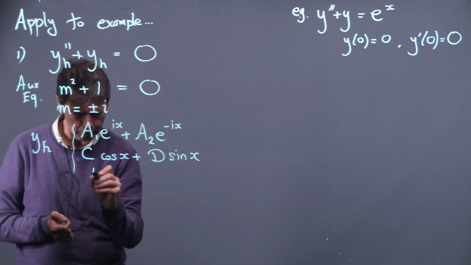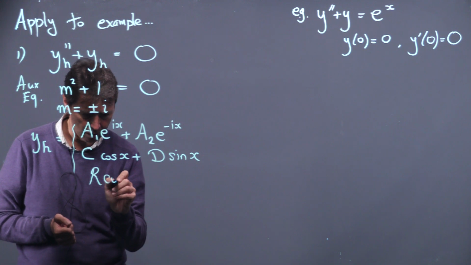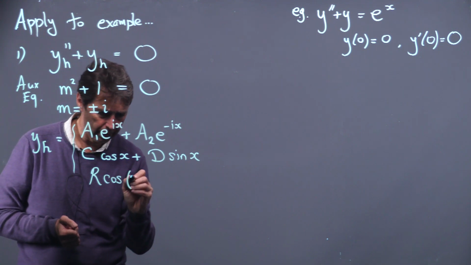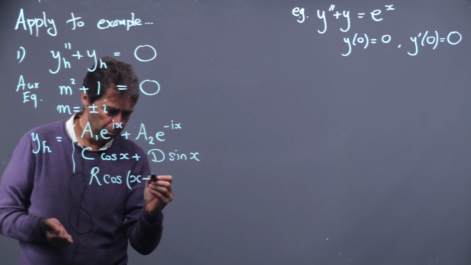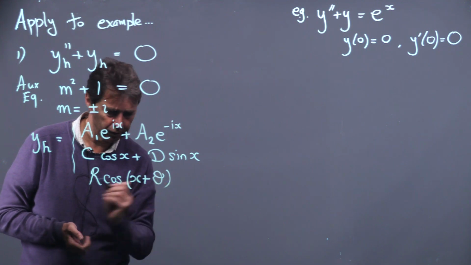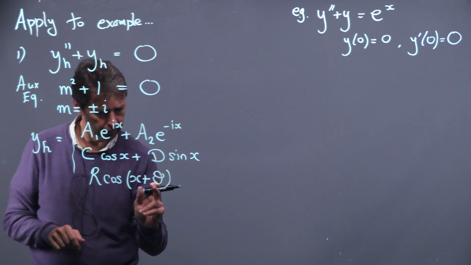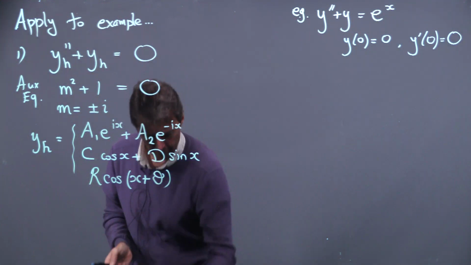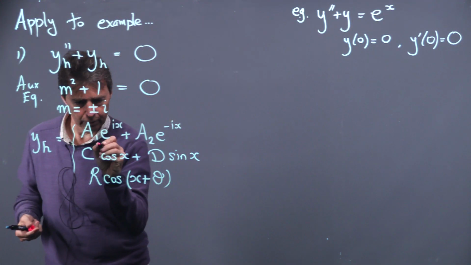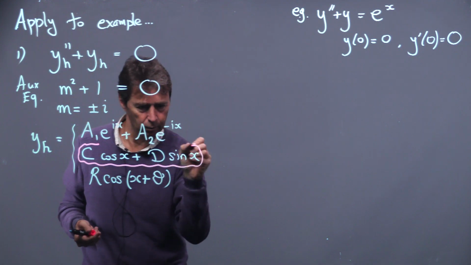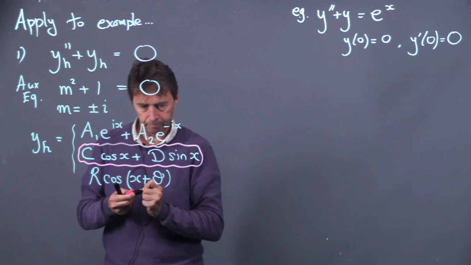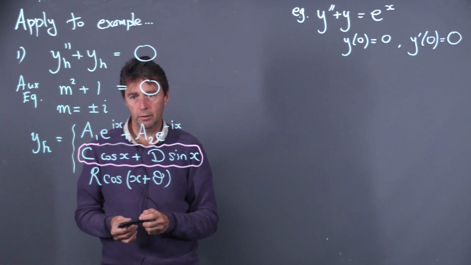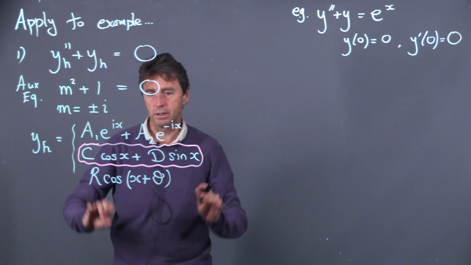And then there's that third way of writing it, which is R cos(x + θ), where the big R and the theta are arbitrary constants. Most of the time, I prefer this one, so we'll use that one here. Okay, so that's the homogeneous solution, step one.